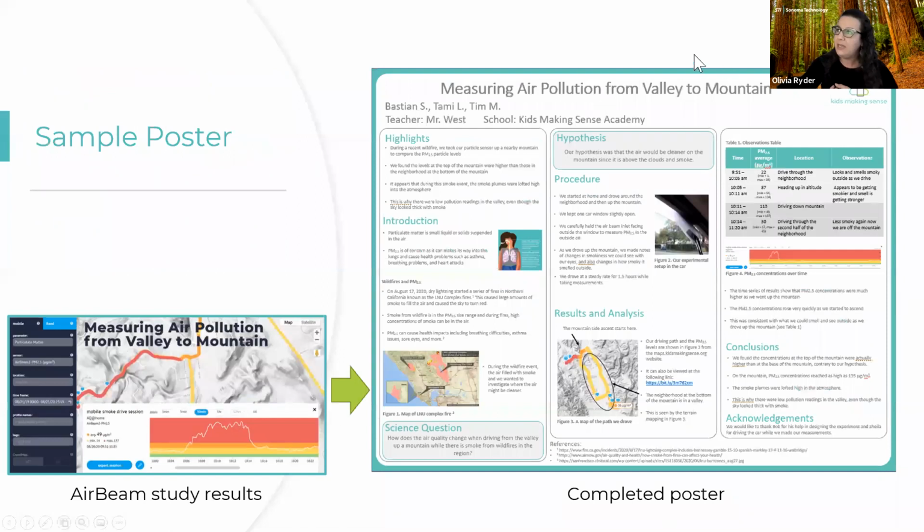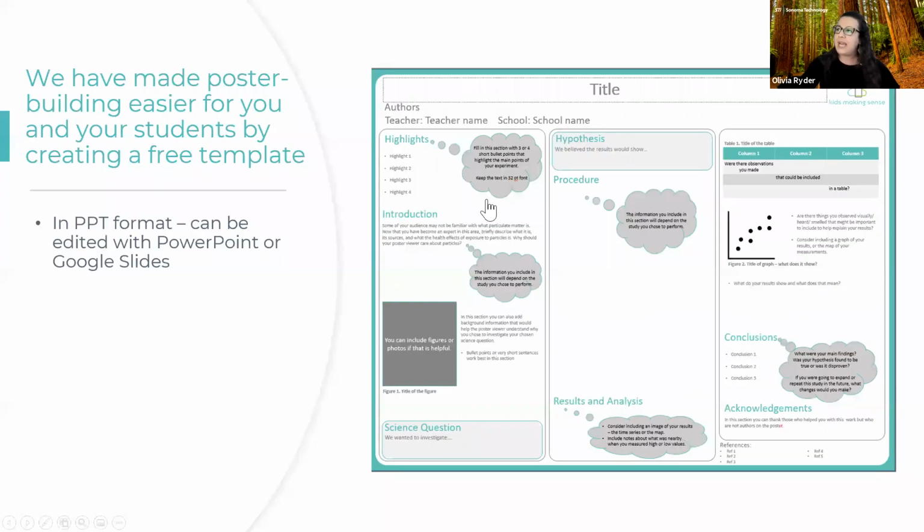So it has this filled out version and it has this template version that students can fill out themselves just to help them. If they struggle with a specific section, they can look at the sample poster and sort of get an idea of what they might put into that section.